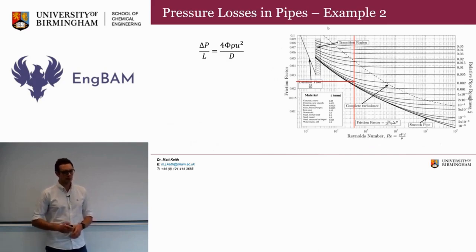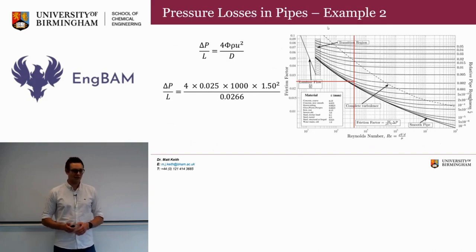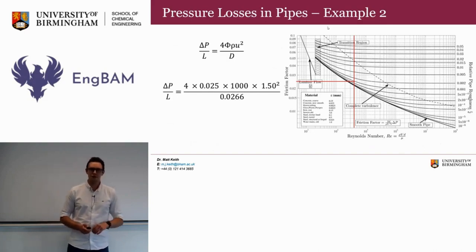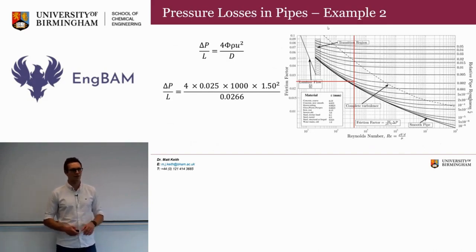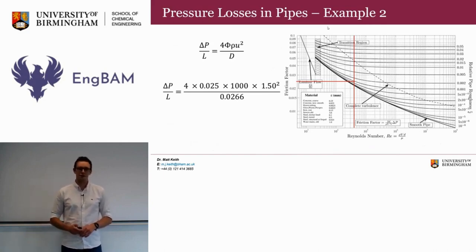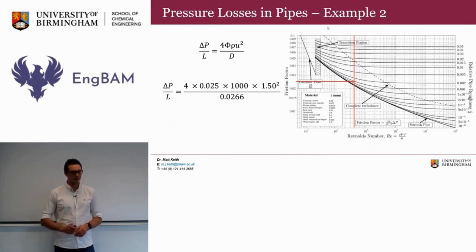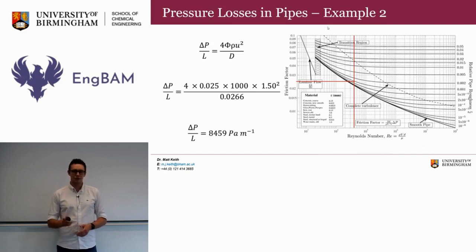So, now we just substitute in our values. We take our friction factor, which we've worked out to be 0.025, multiply by the density, multiply by the velocity squared, and then divide by the pipe diameter to get a value of around 8,500 pascals per metre, because we were asked to work out the pressure losses per unit length.